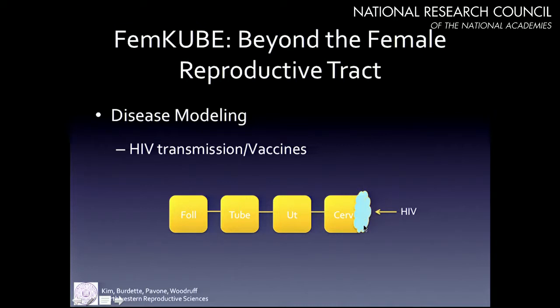But if you have mucus that changes throughout the menstrual cycle, it's going to be very hard to study in one system. And so this is a very nice platform where you can study the flow going this way and then HIV trying to get in this way. And so this is another potential application.